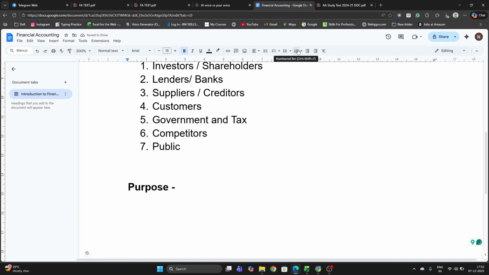Some want to evaluate performance, some want to check financial stability, right? And some want to decide whether to invest or lend or continue a business relationship. This is why financial statements are so important, because they help in decision making.